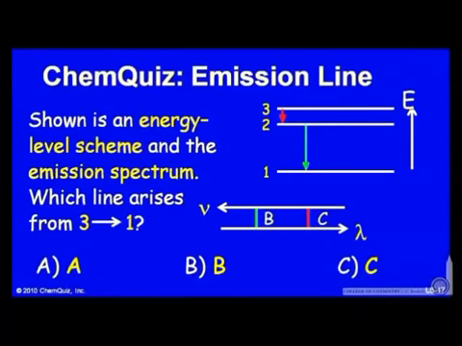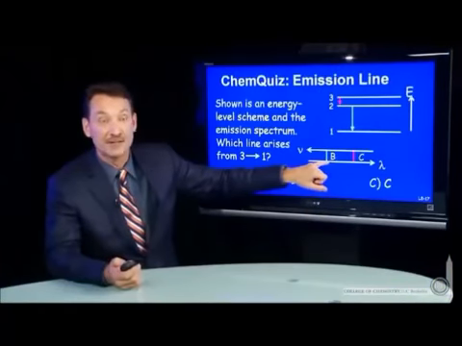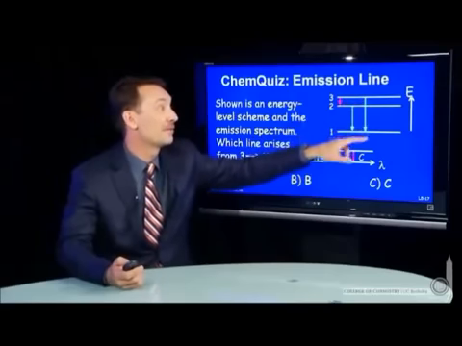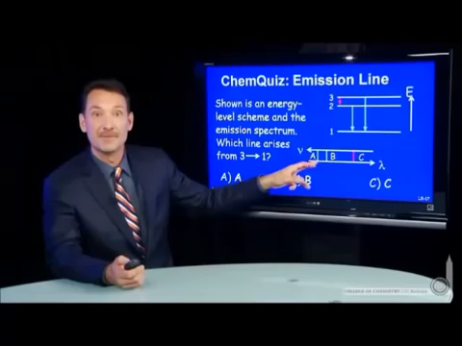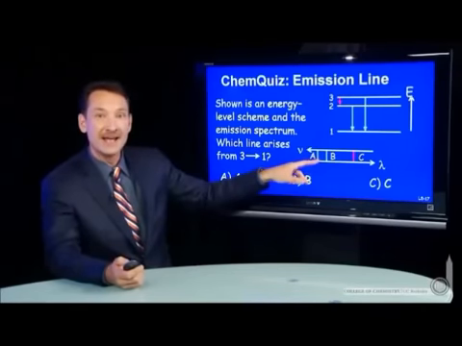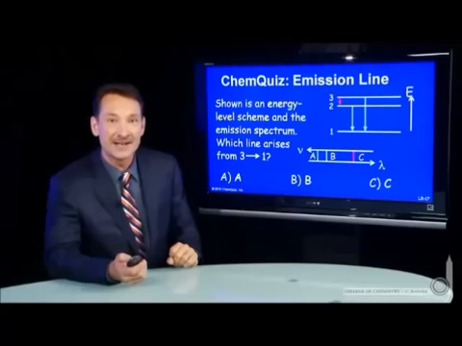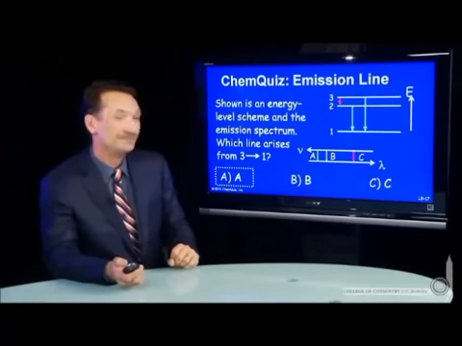If you look at the transition from 2 to 1, also possible, that's a bigger energy spacing, higher frequency. The other transition from 3 to 1 is the highest possible for this system. So 3 to 1 would give you a line at A here. The highest energy transition, the highest frequency, is the correct answer.